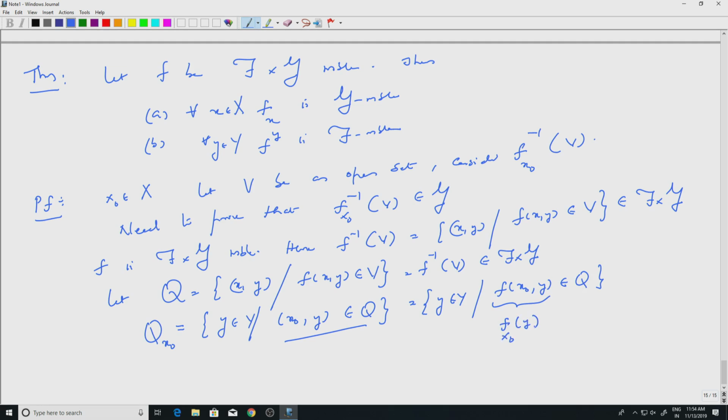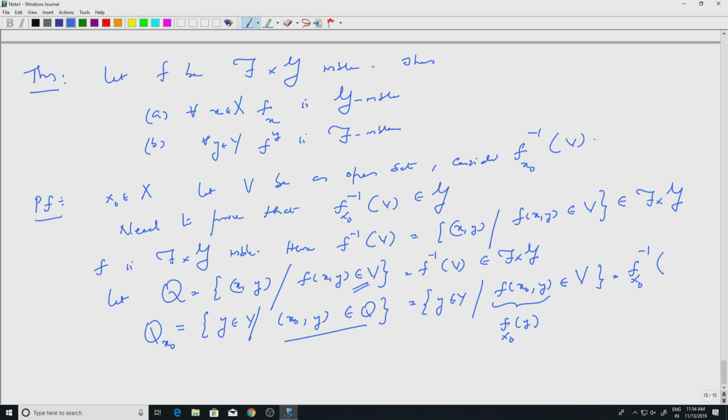That is the definition. So you are looking at all those y such that f sub x naught of y is in V, which is the same as the f sub x naught inverse image of V. This is the definition.